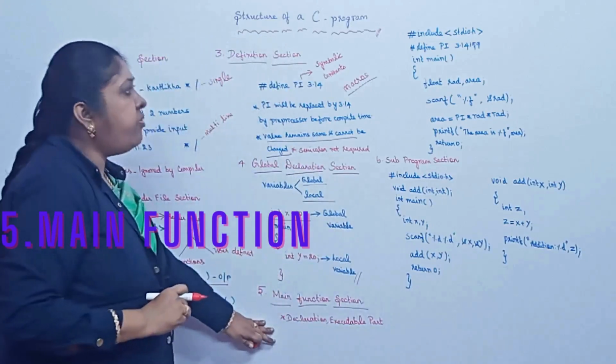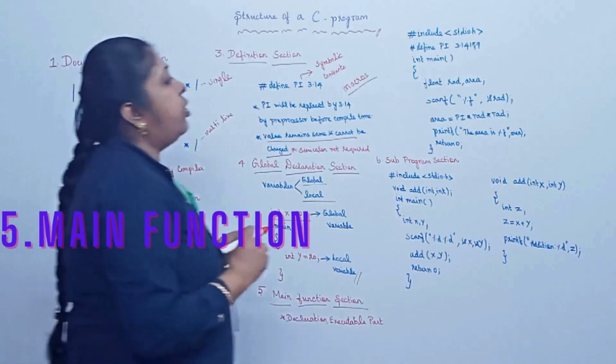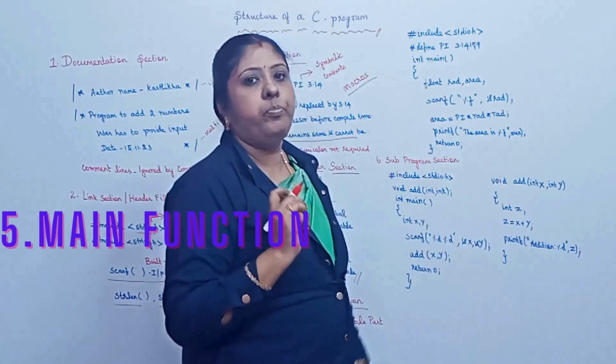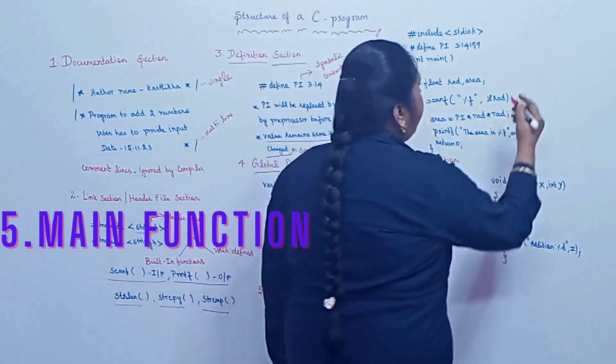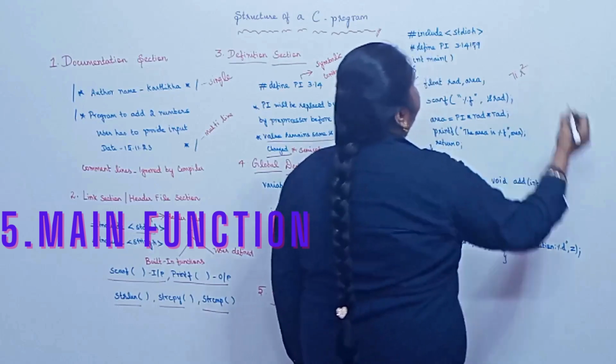Consider this main function with a small example program for finding the area of a circle. We all know that for finding area the formula is pi r square.